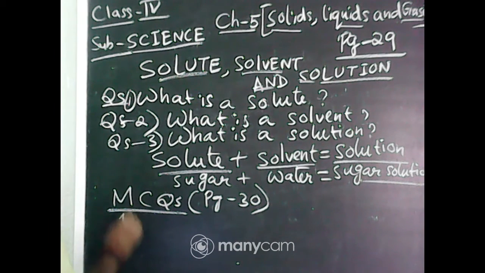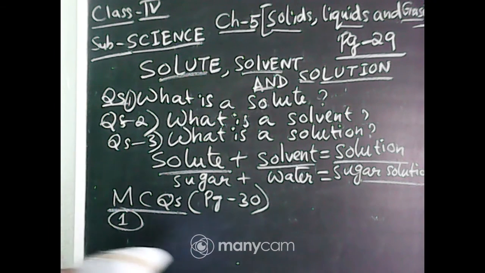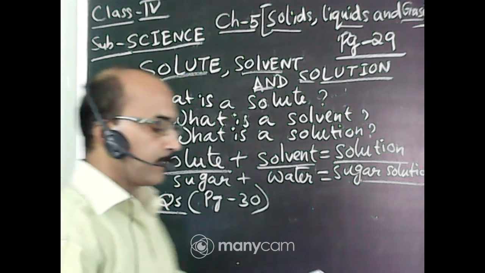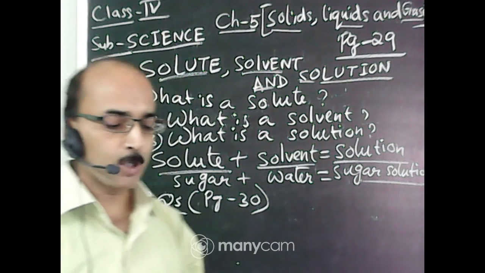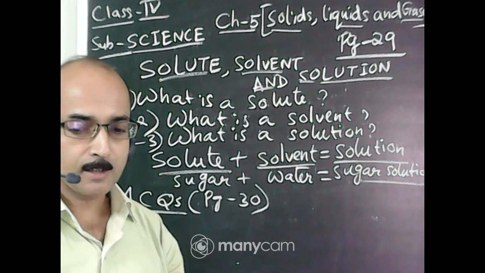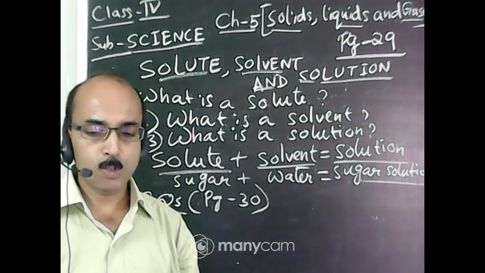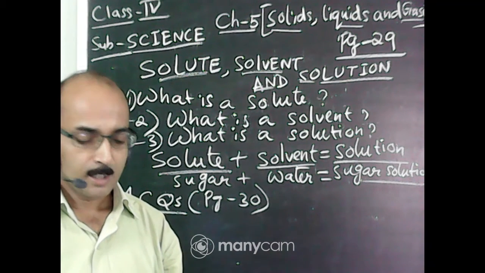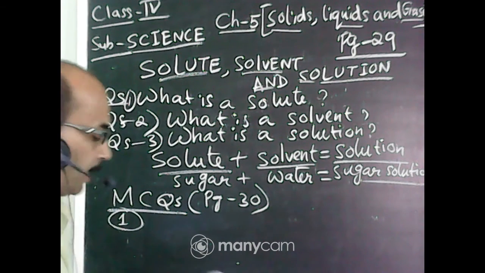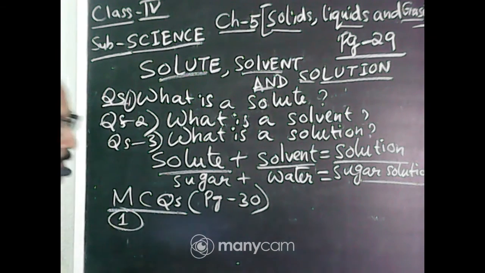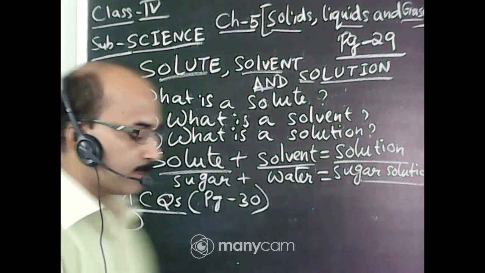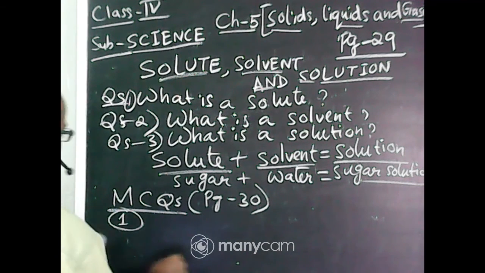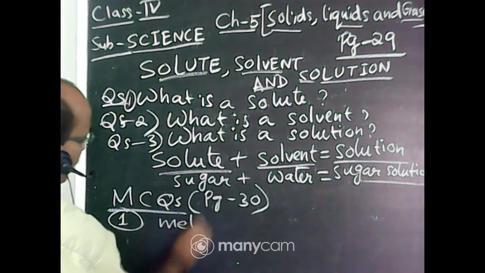Number 1, ice changes into water by melting, freezing, evaporation. So what is the correct answer? Ice changes into water by, anybody giving the answer? Yes, it is melting, because when you give heat to ice, it melts. Okay, so number 1 is melting.